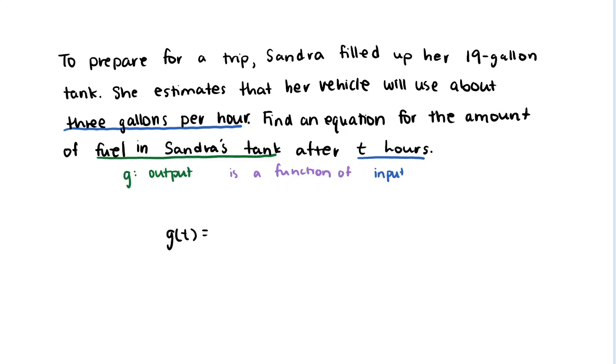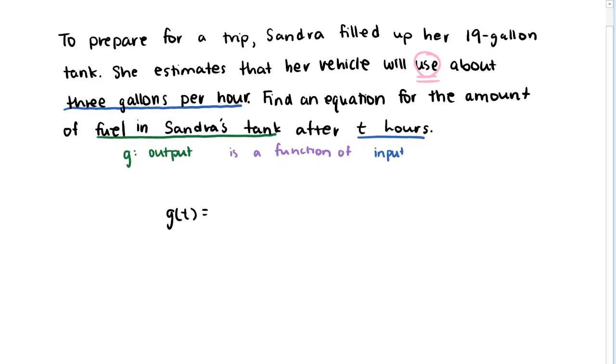And actually, I want to be a little bit more careful here because it says that she's going to use this many gallons of gasoline per hour. And so here, if we're trying to figure out this value for this rate of change, it's not just 3 gallons, it's actually negative 3 gallons. Right? This fact that she's using 3 gallons, we expect the amount of gasoline in her tank to decrease as she's driving.